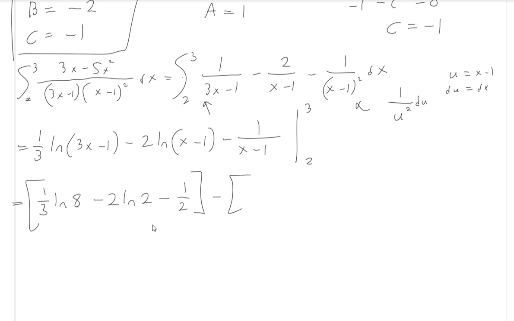Minus, if I plug in 2 now, I get 1/3 natural log of 3 times 2 is 6, minus 1 is 5. Minus 2 natural log of 2 minus 1 is 1, so that's actually 0. Natural log of 1 is 0. And then when I put in 2 here, I get 1 over 2 minus 1, which is 1, so I get a minus 1.